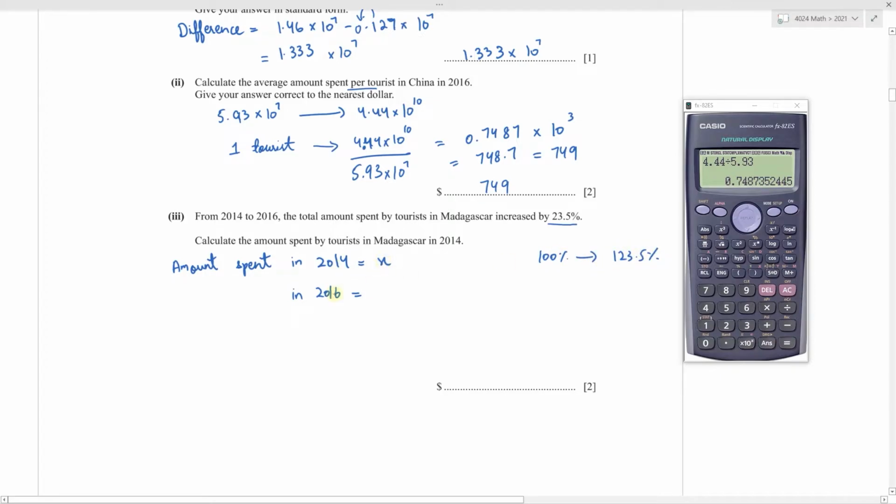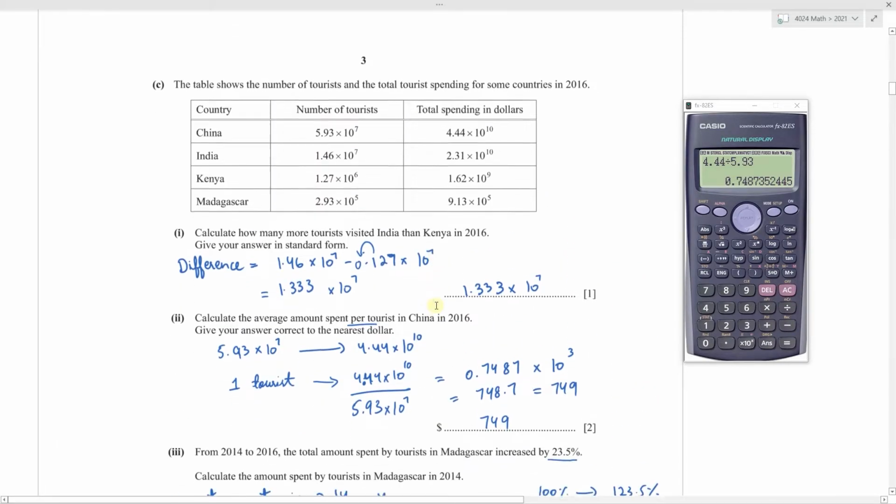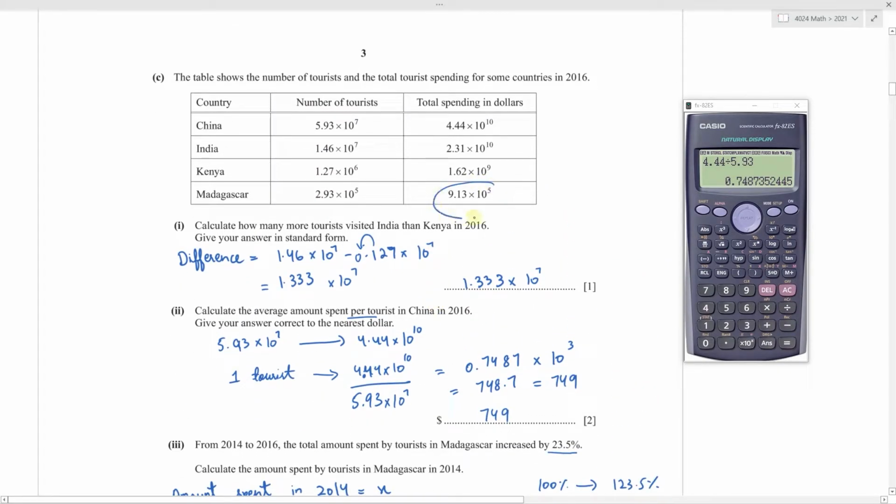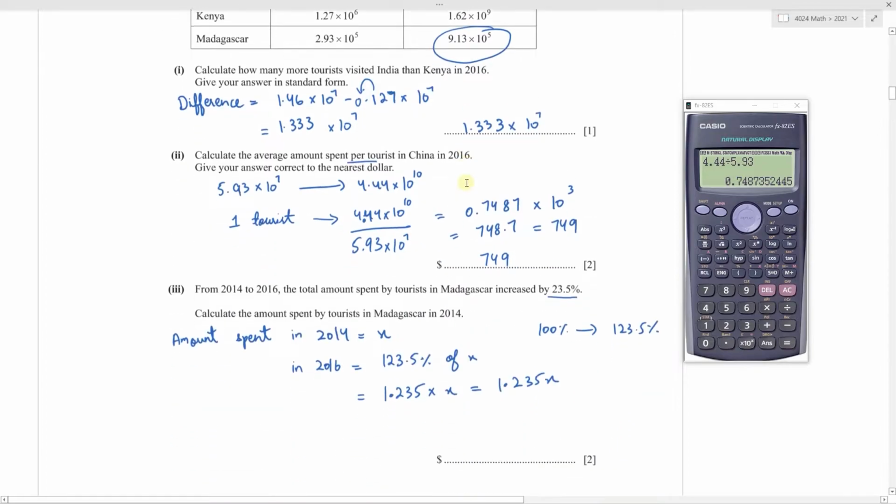So in 2016, the amount would be 123.5% of X. Or if I remove this percentage sign, it will be divided by 100. So this will be 1.235 multiplied by x. So this is the amount spent by tourists in 2016 in terms of x, and we are given in 2016 Madagascar, it's 9.13 into 10 power 5.